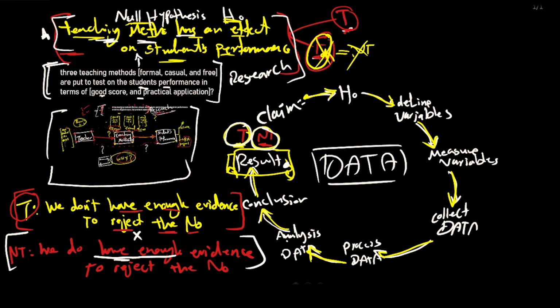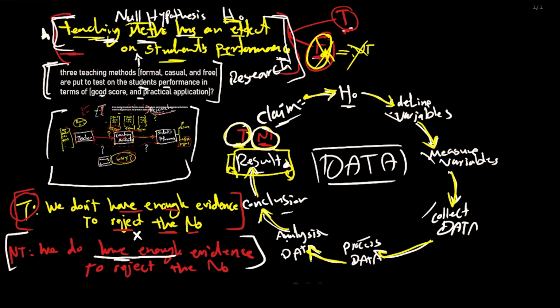And this beautiful diagram shows you the life cycle from the claim to the hypothesis, to the definition of variables, to the measurement, to the collection of data, to the process, analysis, conclusion, and final result. These meticulous steps will lead us to a conclusion to prove the claim of that research to be rejected or to fail the rejection.